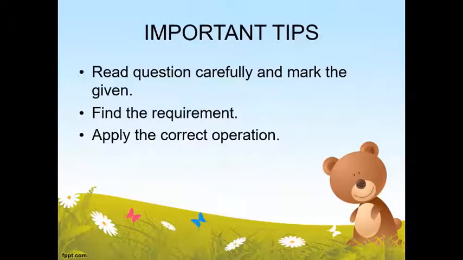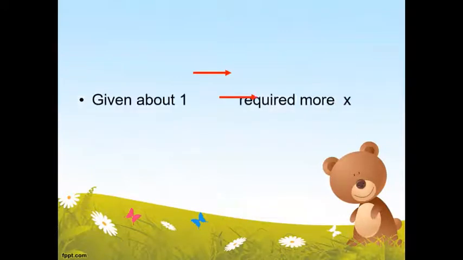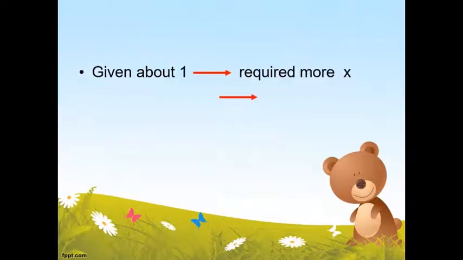And now I'm going to give you some tips related to the word problems of division and multiplication specifically. If we are given about one thing and we want to find about many things, we should do the multiplication.